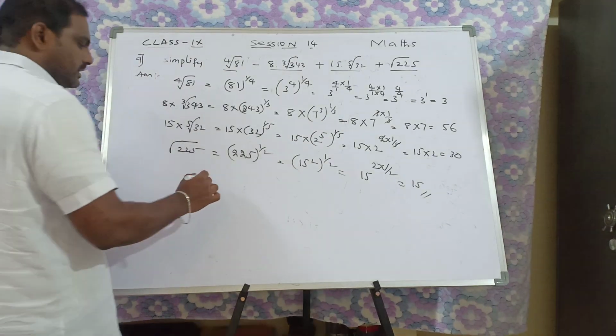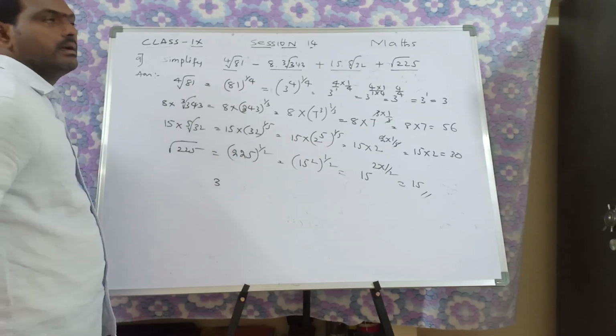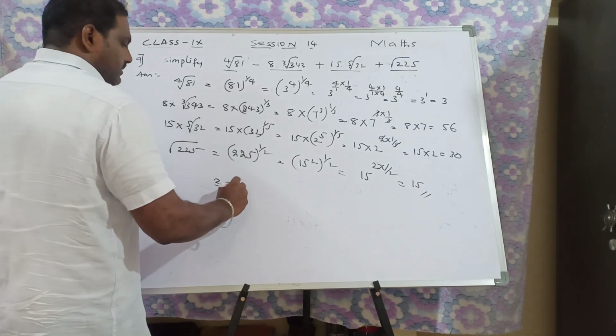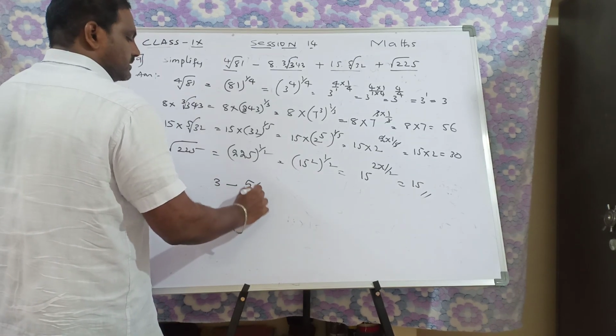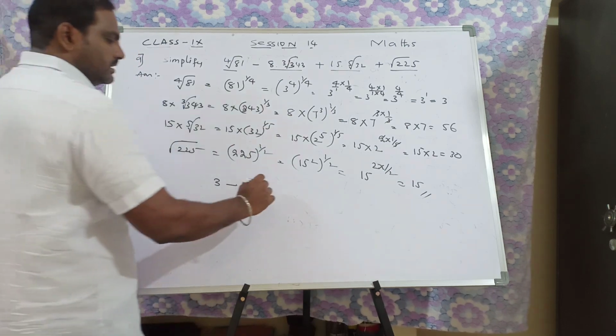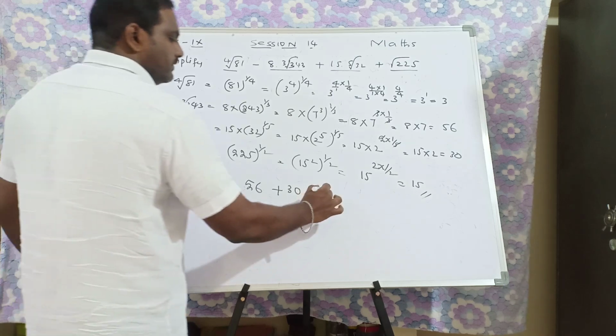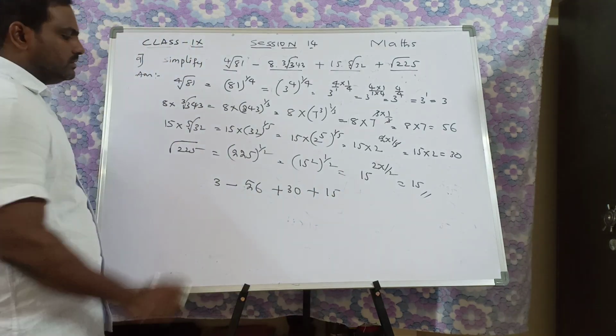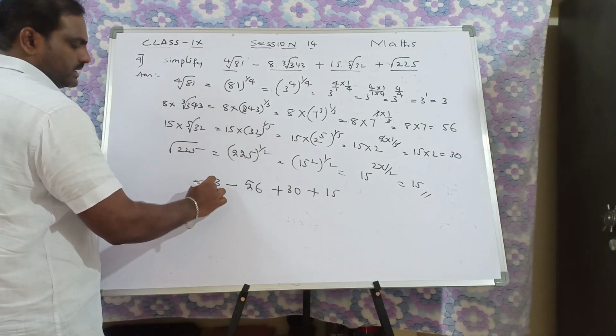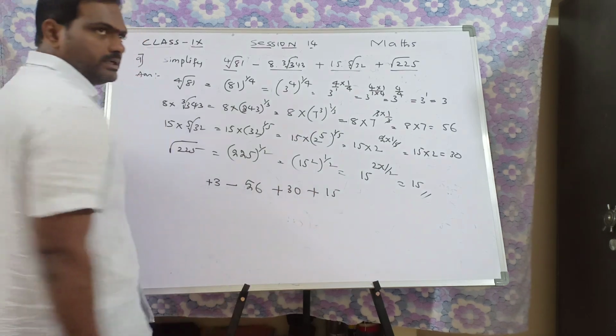Now the 4 terms I am writing. What is the first term? First term is 3. The second term is minus 56. The third term is 30. The fourth term is 15. There are 3 plus quantities and 1 minus quantity.